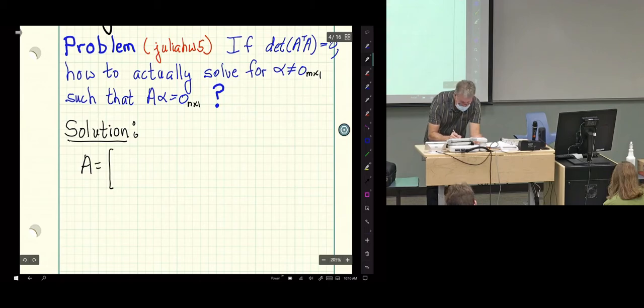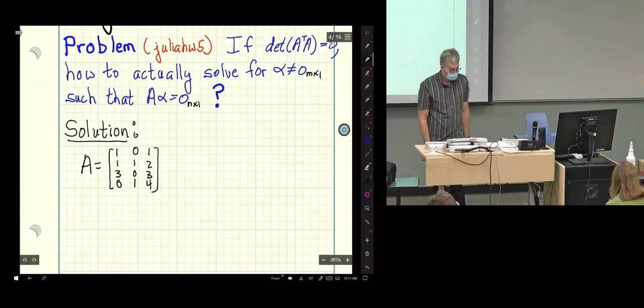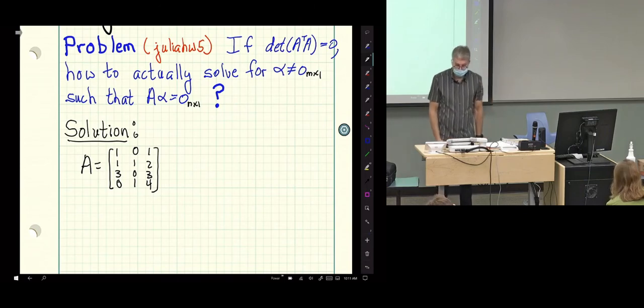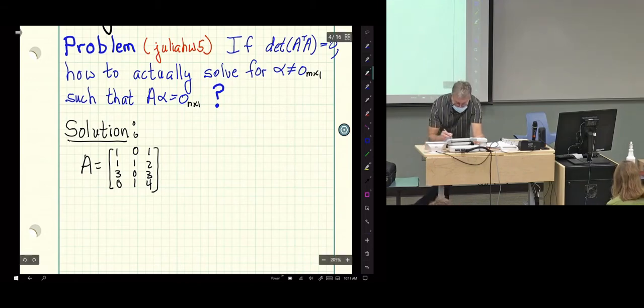I'll take A as 1, 1, 3, 0, 0, 1, 0, 1, 1, 2, 3, 4. Are the columns of A linearly independent?